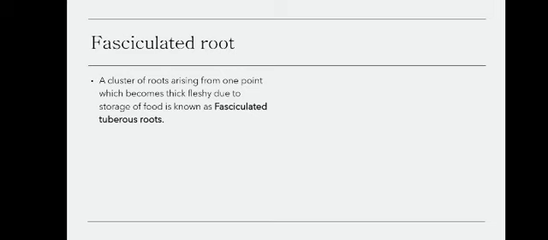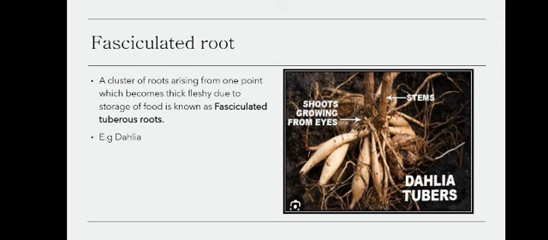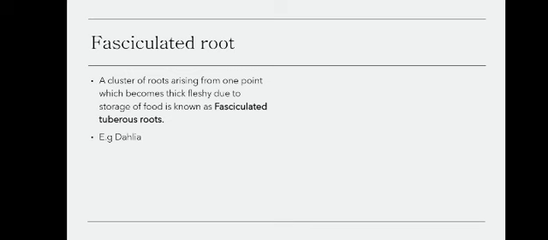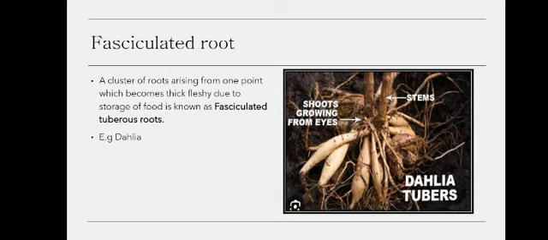Fasciculated roots. In that, a cluster of roots arising from a point become thick and fleshy due to the storage of food, known as fasciculated roots. Example, dahlia. In dahlia, you can observe the fleshy root structure, where fasciculated tuberous roots are observed. The roots are in a cluster.